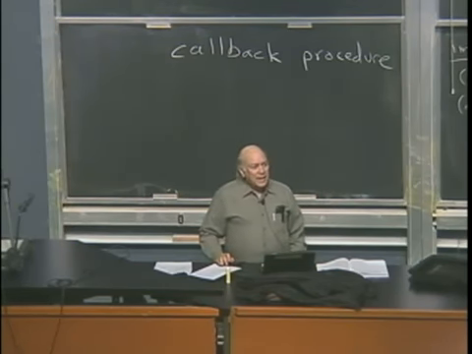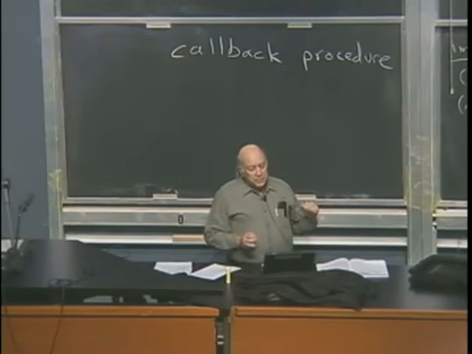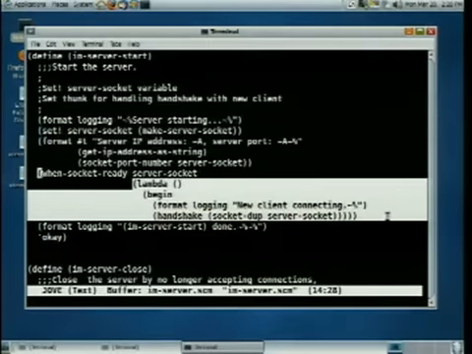But it has established a matching up between our server socket and this procedure. OK? This is a procedure of no arguments. And the operating system is going to poke STK when a connection request comes in for port number 42275.